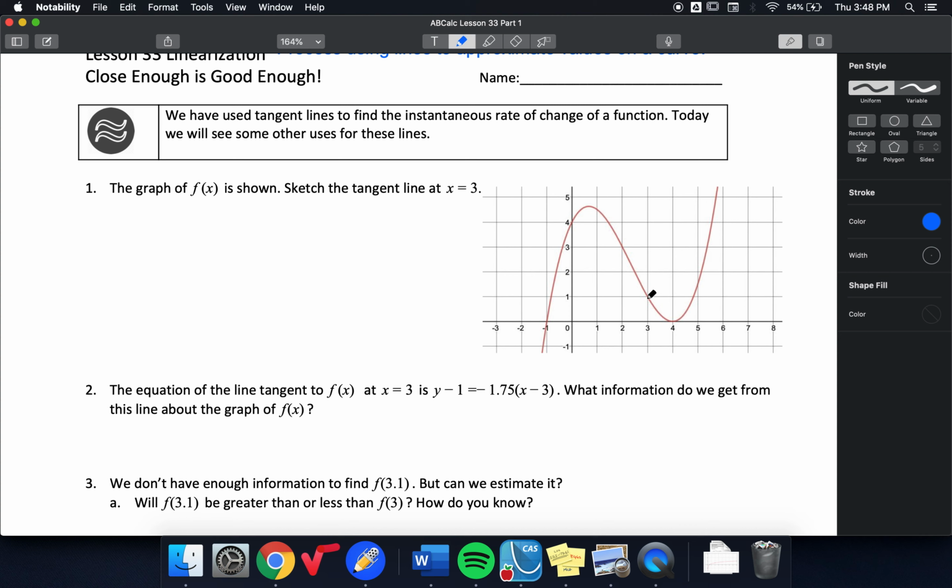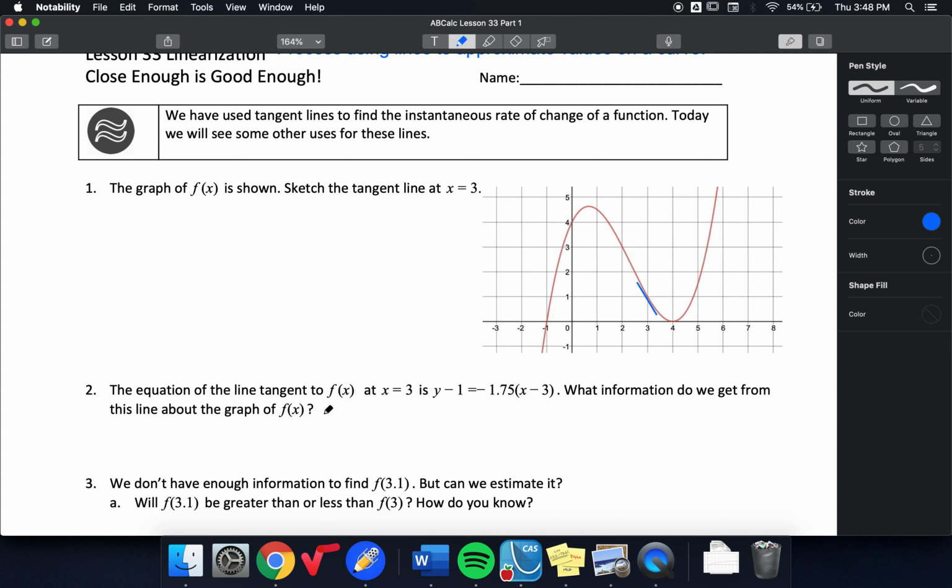So it's better to have the tangent underneath it, and that's because I want my tangent to intersect at just one point, and if I was above it, it would go through more quickly. So I'm trying to make my tangent not go through the curve as quickly. So there's my tangent line.